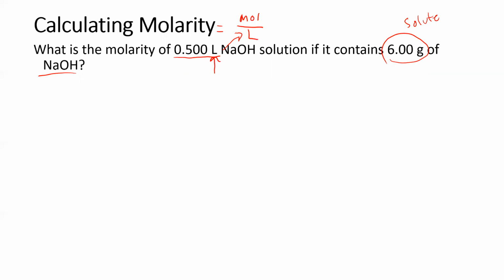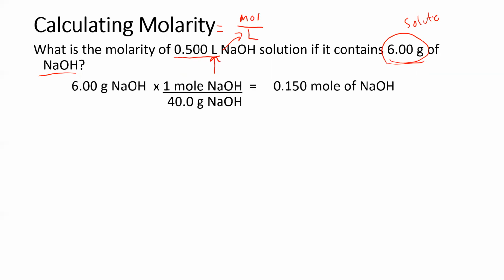The thing that I need to convert right now is my grams of sodium hydroxide into moles. And how do we do that? Like we've been doing all along, we use molar mass. I look at the periodic table and I see that there are 40 grams per mole of sodium hydroxide. Again, where am I getting these numbers?